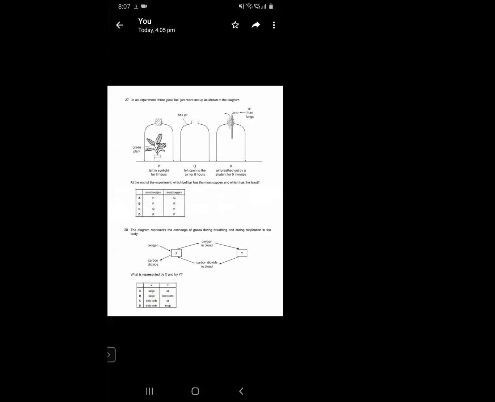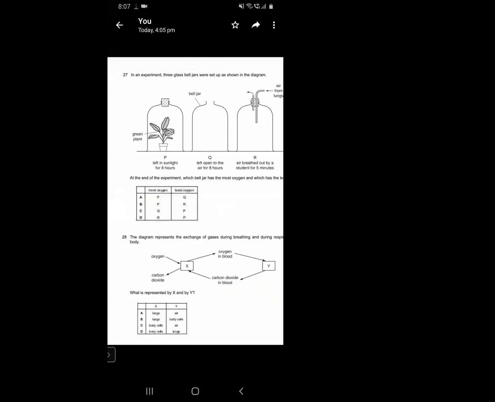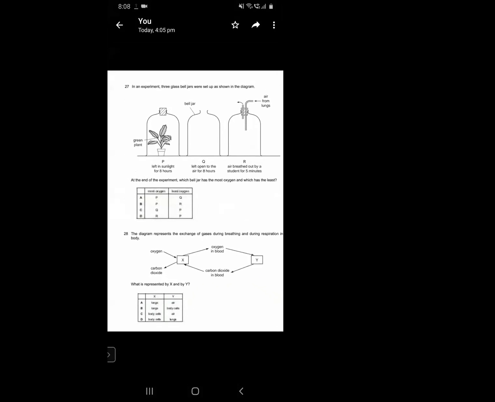In an experiment, three glass bell jars were set up as shown in the diagram. At the end of the experiment, which bell jar has the most oxygen and which has the least? Right. So the answer is A, because the least oxygen will be in Q, because it is open in air, and the most oxygen in Q. Why?